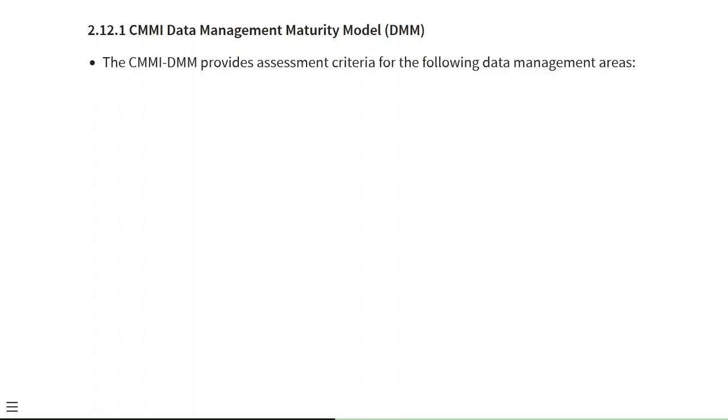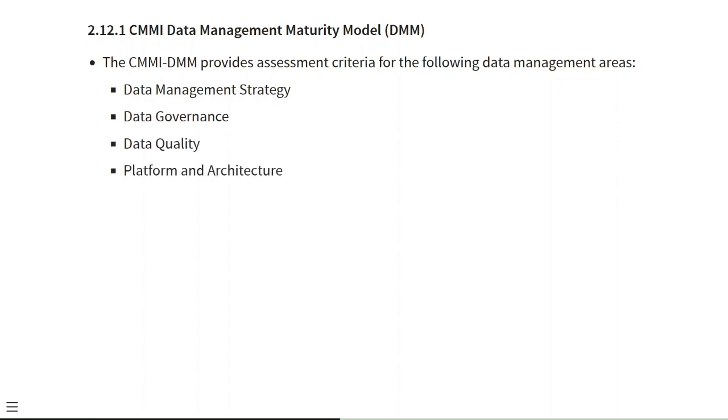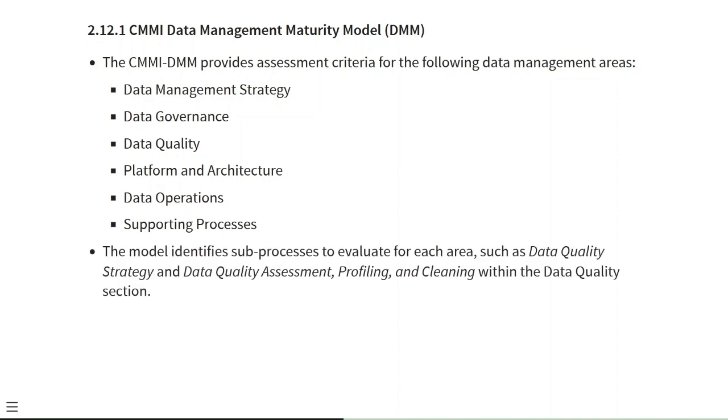Capability Maturity Model Institute has developed a data management maturity model that provides assessment criteria for the following data management areas: data management strategy, data governance, data quality, platform and architecture, data operations, and supporting processes.